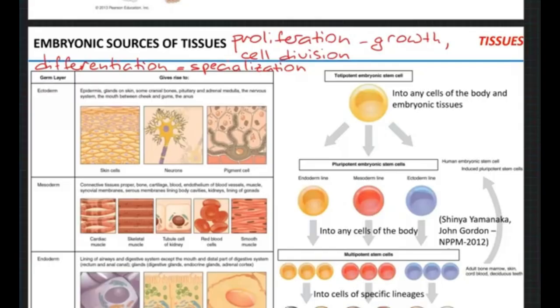So let's take a look at the differentiation of cells through the different stages of human development. When a secondary oocyte is fertilized by a sperm cell, forming the fertilized ovum, it's one cell.